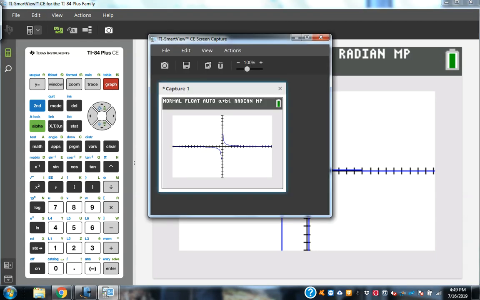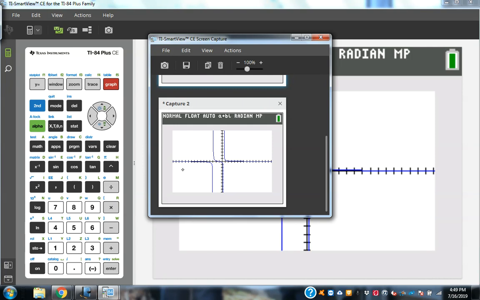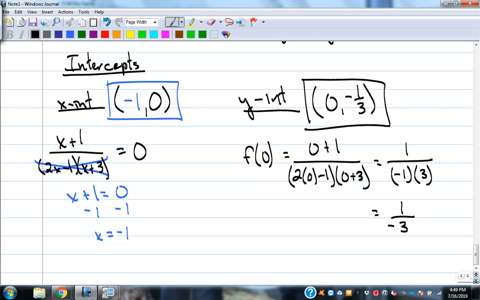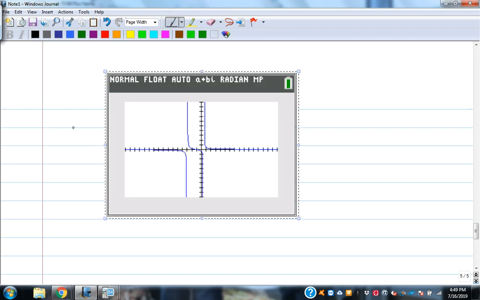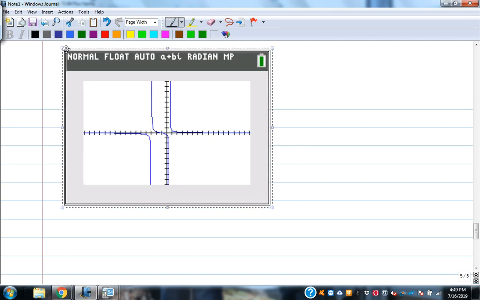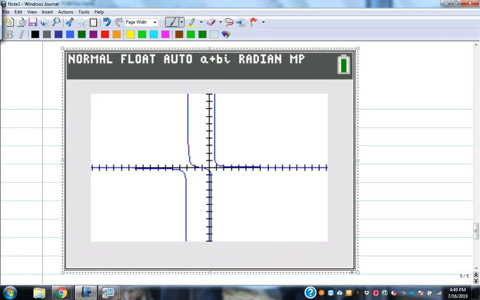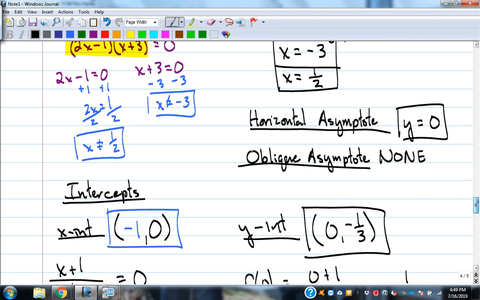I'm going to copy that so I can draw on it a little bit. All right, so here's the picture that we got. I'm going to stretch it out so you can see it better. We had vertical asymptotes at 1/2 and -3. That's where our vertical asymptotes were, right there.